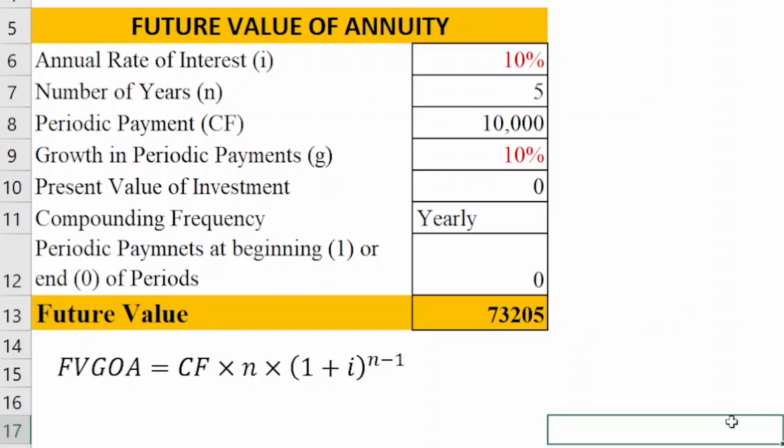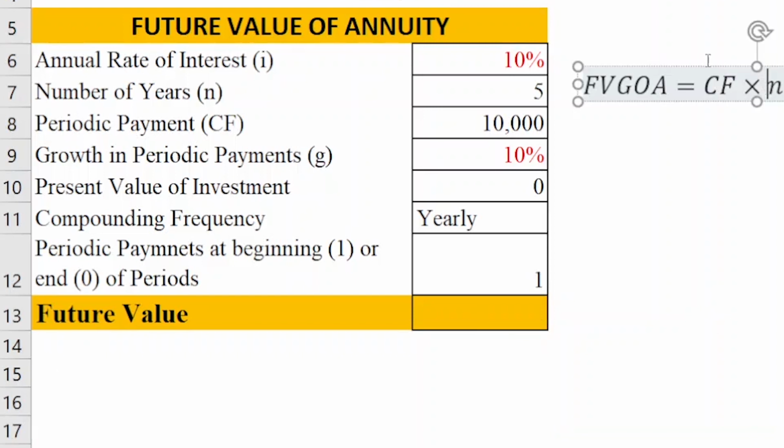We may have an example where we have to calculate the future value of growing due annuity if interest rate and growth rate are same. So in this situation, this formula will be used.